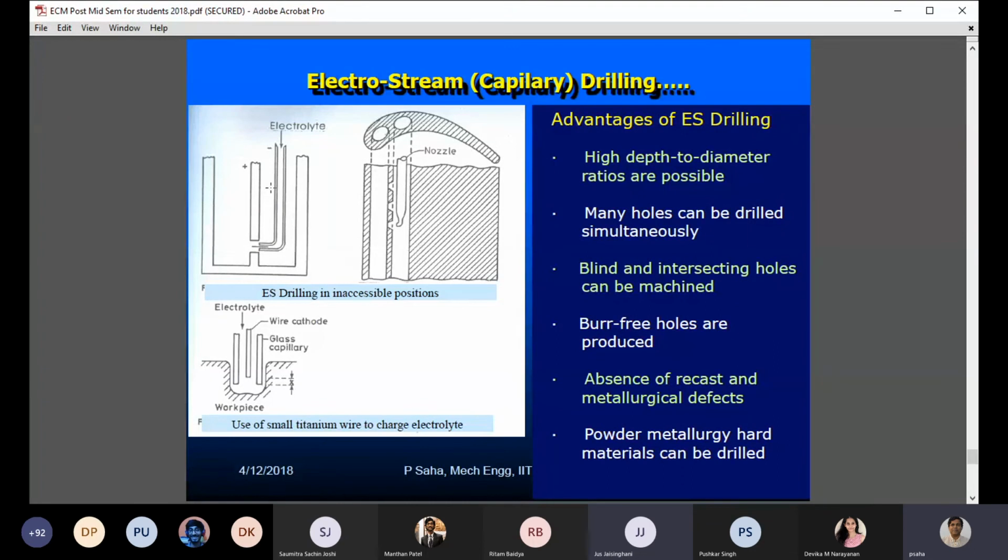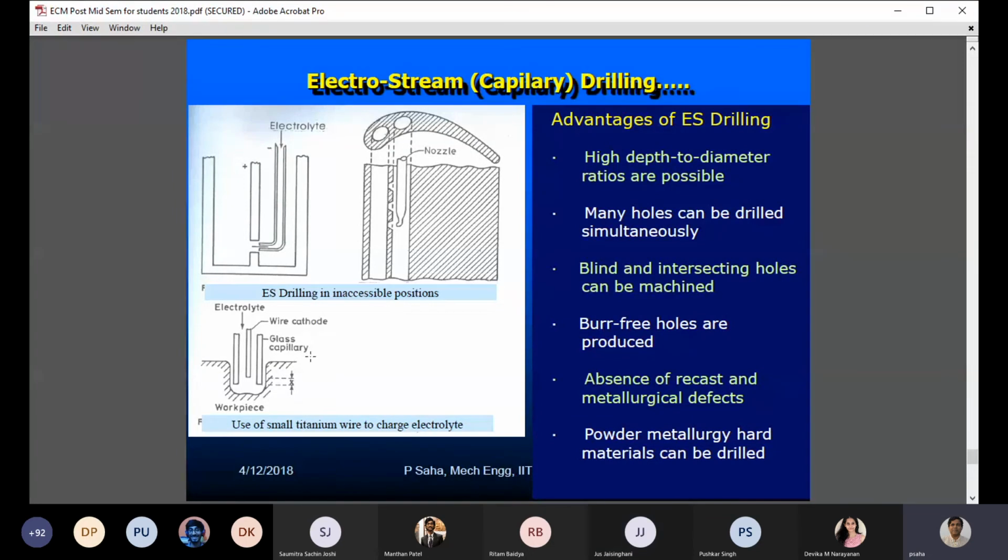But sir, after the reaction, it will exit outside the capillary, right? The flow would be through the inside of the tube. It doesn't matter, because this is the reaction products, a contaminated electrolyte, whereas the electrolyte entering is fresh. In order to maintain the properties and machining rate, we always have to use fresh electrolyte.